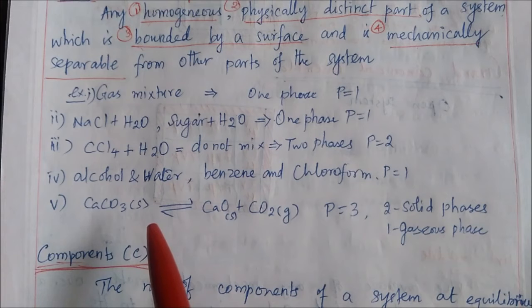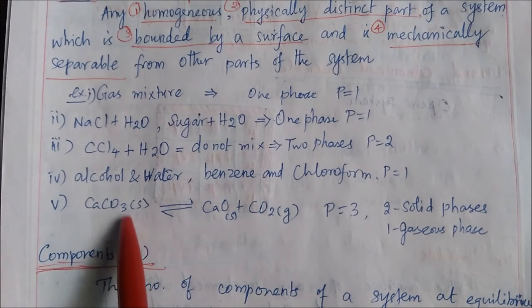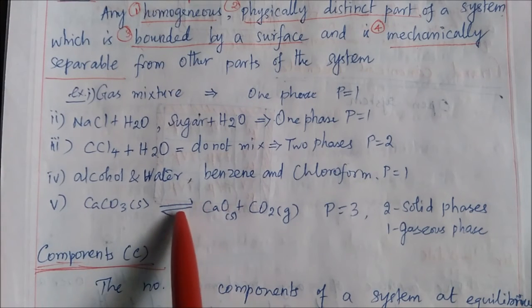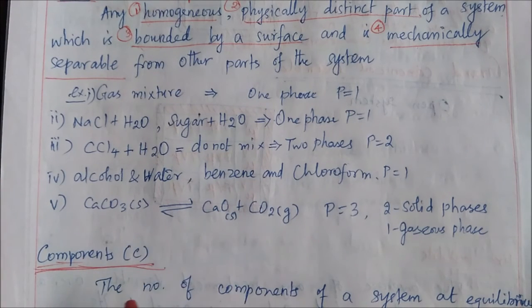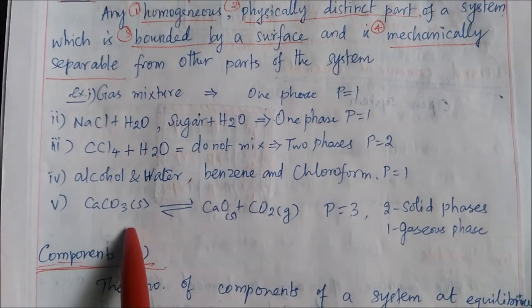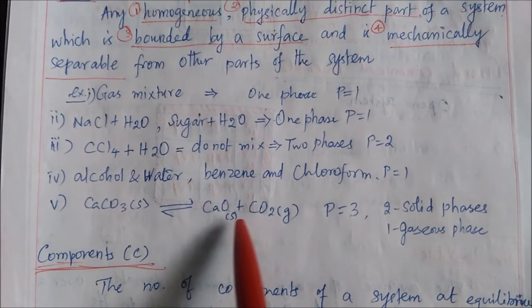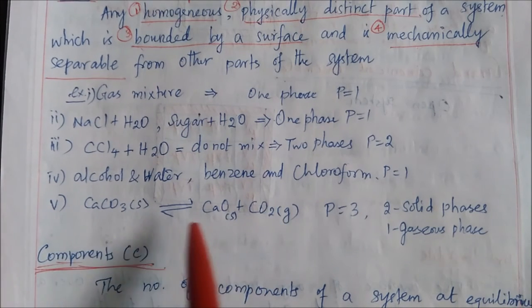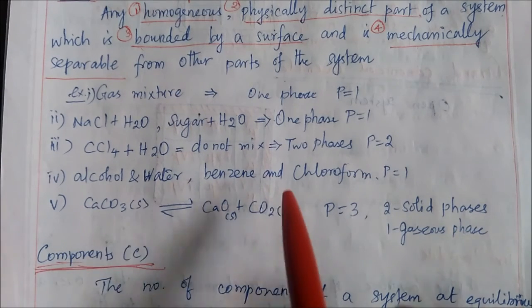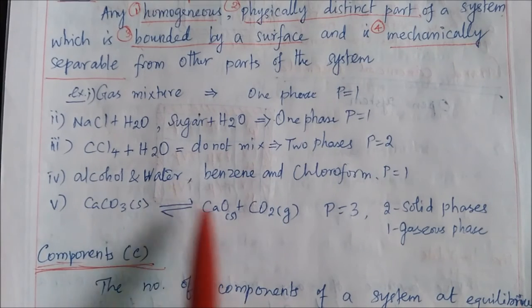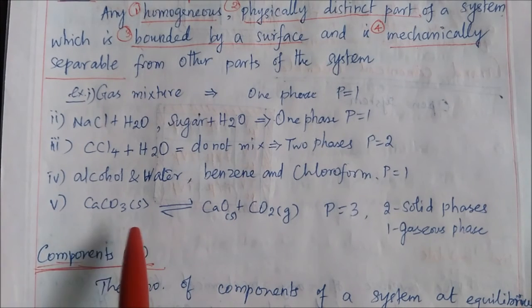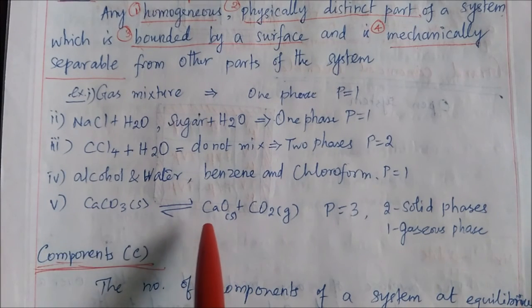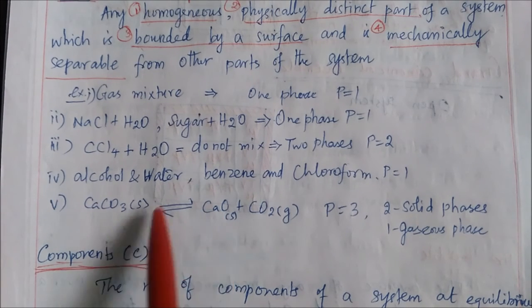And for a chemical equilibrium condition, CaCO3, a solid material, is in equilibrium with CaO plus CO2. In that case, we have two different solids and one gas. So solid and gas are present, but both the solids are different from each other, but they are solids.